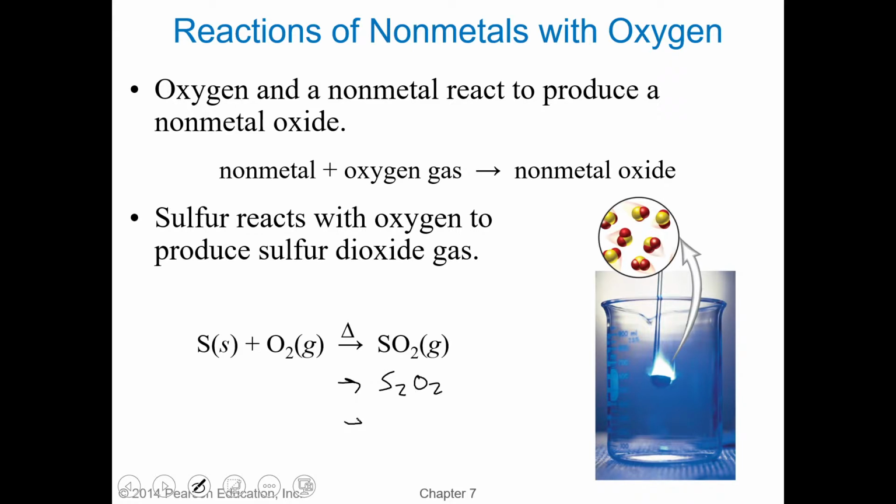It could have been SO. It could have been S3O2. I mean, this last one I totally made up. But I'm just saying there could be a number of different possibilities that the non-metal oxide could be. So just know you would have to be given enough information to know what the product is going to be.